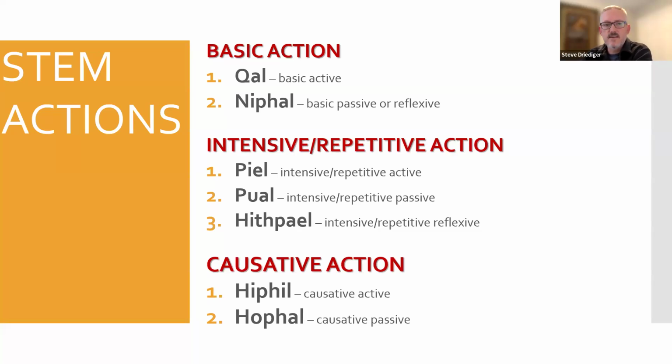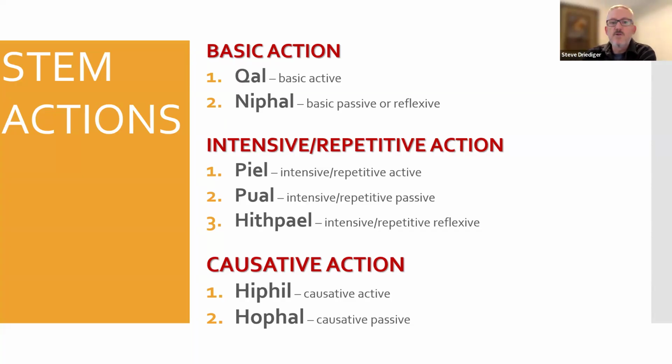So if you put qatal in the Piel stem, you're going to have something like he brutally killed, or he intensely killed. It takes your basic action and just ramps it up. Another example would be if you took the verb meaning to break and put it into the Piel stem, you would probably translate it as something like he shattered. It's that kind of idea of moving from basic action to an intense action.